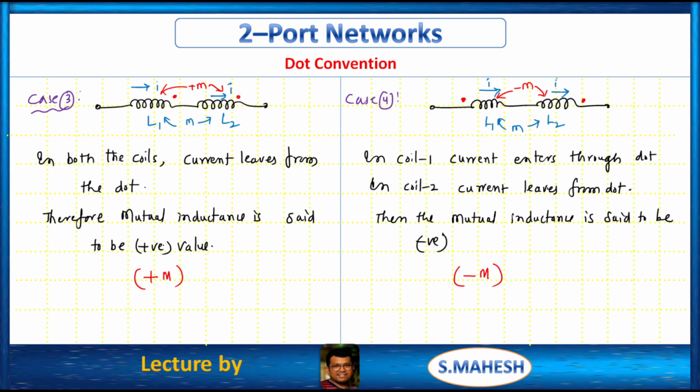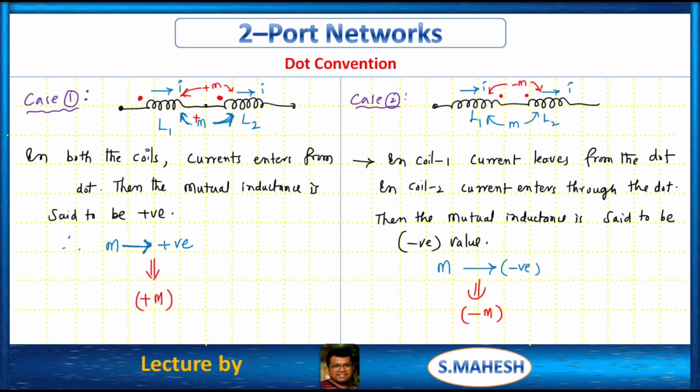See, from case 1 and case 2, you have to see the current direction as well as the dot convention, whether it is present at the starting itself or the ending. Just observe whether the dot is at the initial or ending point of that coil. In case 1, both dots are at the starting of the coils, but in case 2, in coil 1 the dot is placed at the end of the coil, while in coil 2 it is provided at the initial stage.